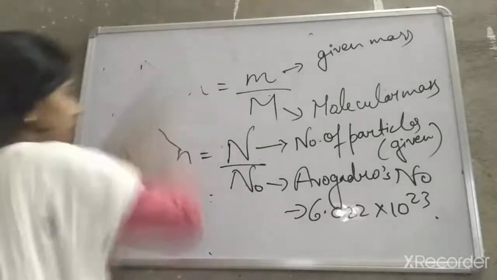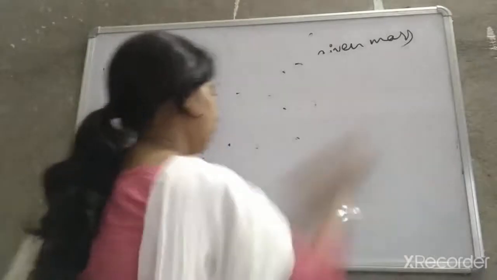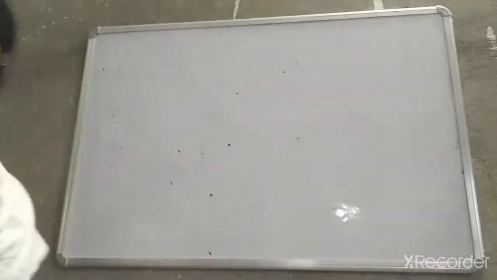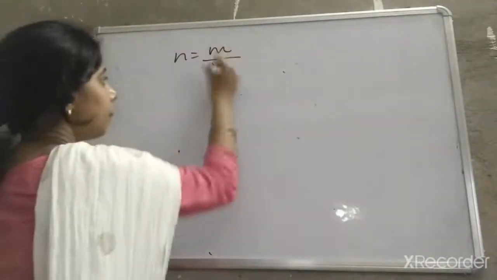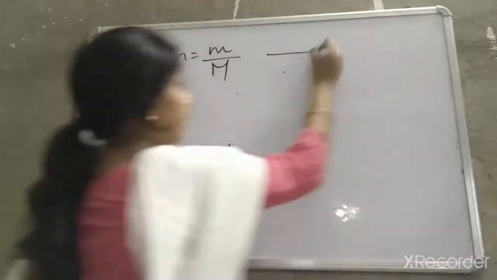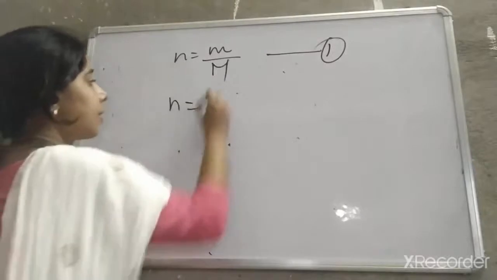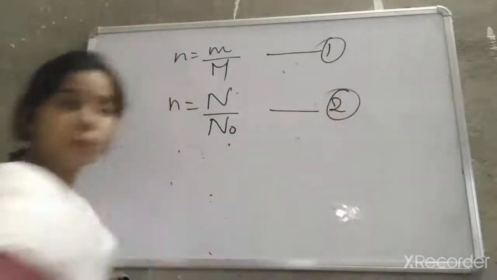Let me write it again. The first formula says that n equals m by M. If we take it as the first equation, the second says that n equals N by N naught, the second equation.